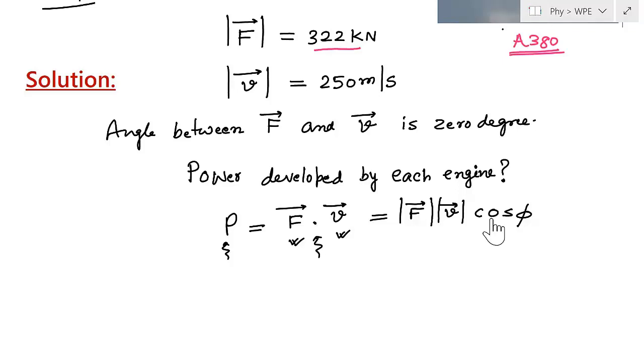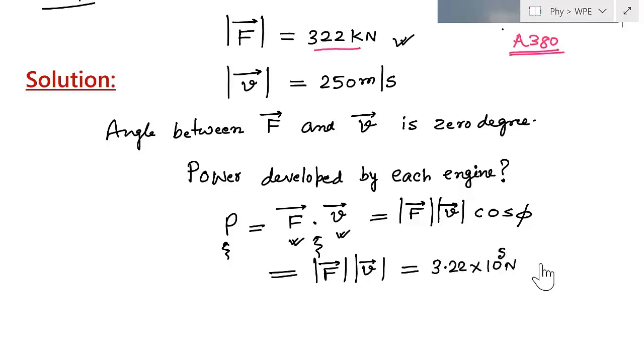In this case, the angle between force and velocity vector is 0 degree. So cos phi is cos 0, which equals 1. So I can simply write this as magnitude of F multiplied by magnitude of V. Now I know the magnitude of F. This is 322 kilonewton, that is 3.22 into 10 to the power 5 Newton.